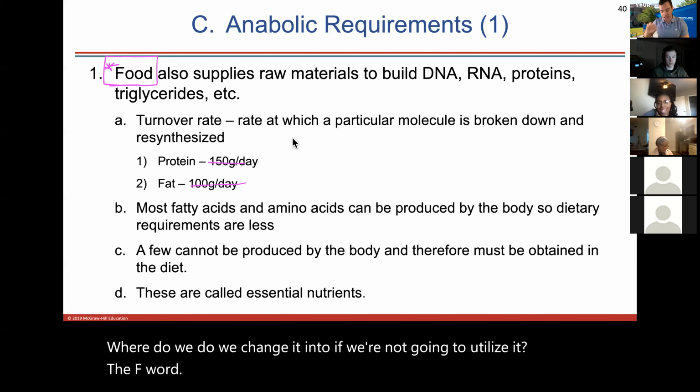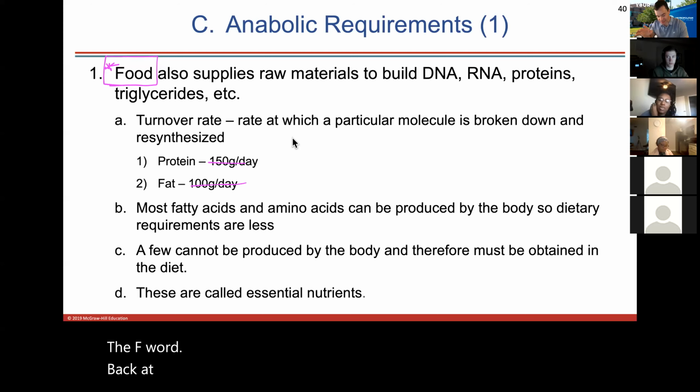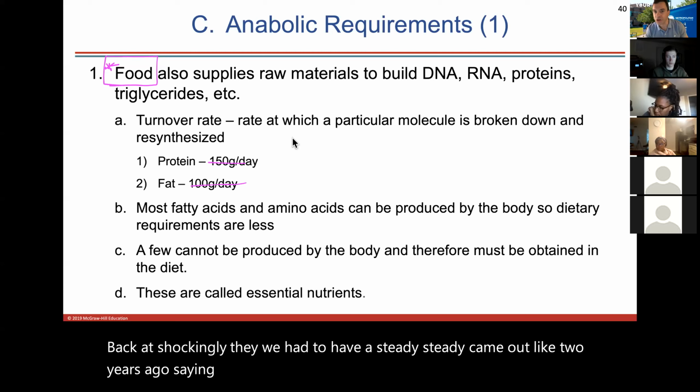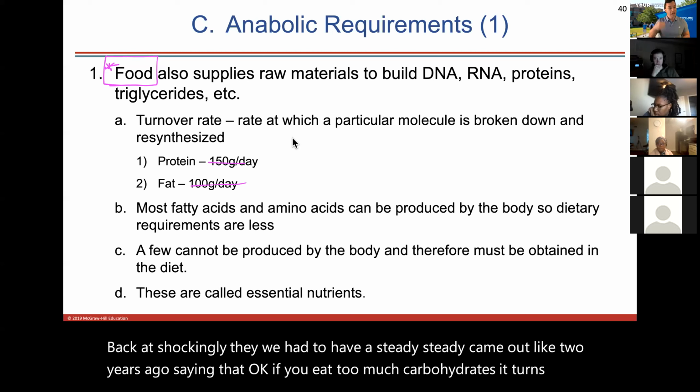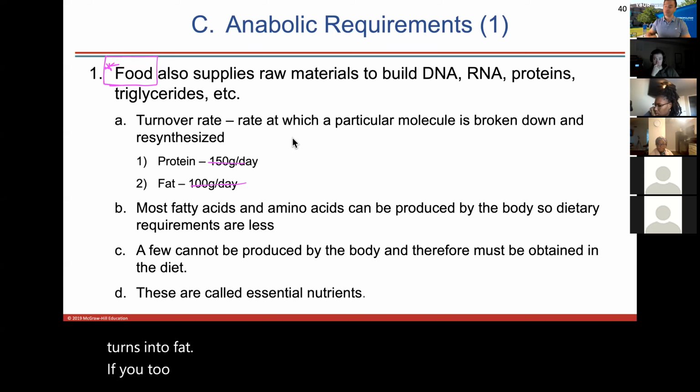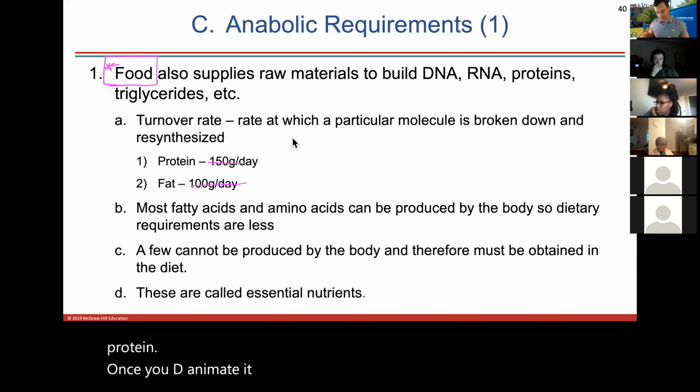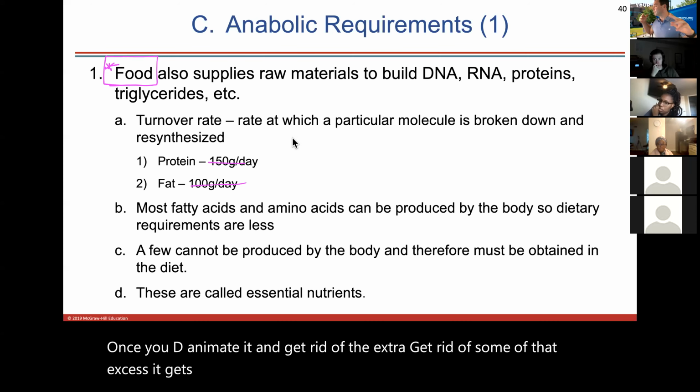Shockingly, we had to have a study. A study came out like 2 years ago saying that, okay, if you eat too much carbohydrate, it turns into fat. If you eat too much fat, it turns into fat. And shockingly, if you eat too much protein, once you deaminate it and get rid of some of that excess, it gets converted into fat.